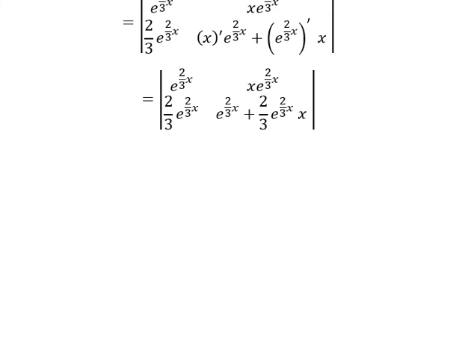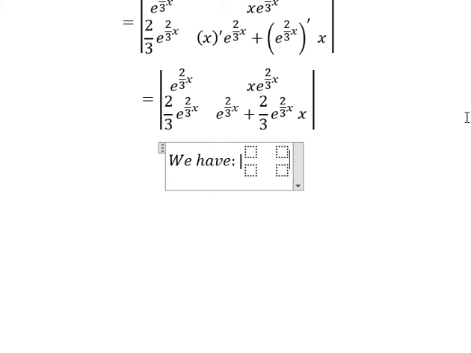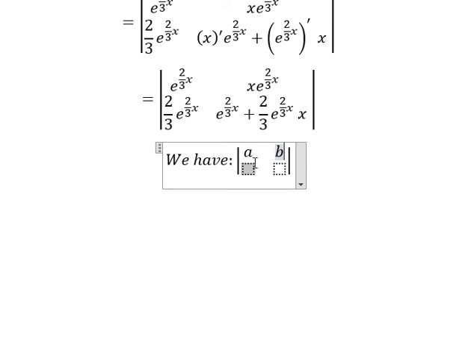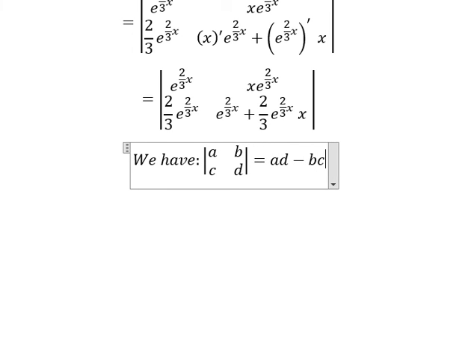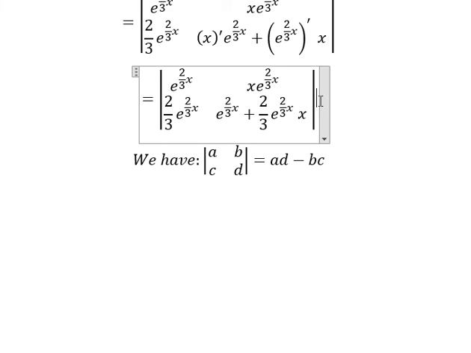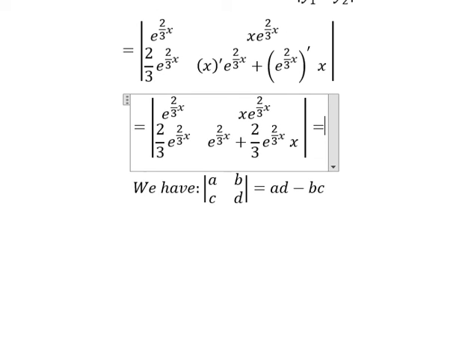Next, we have the second formula in here. We want to find the determinant. So we have the matrix A, B, C, D in here. So A multiplied by D minus BC. So we can apply the formula in here.